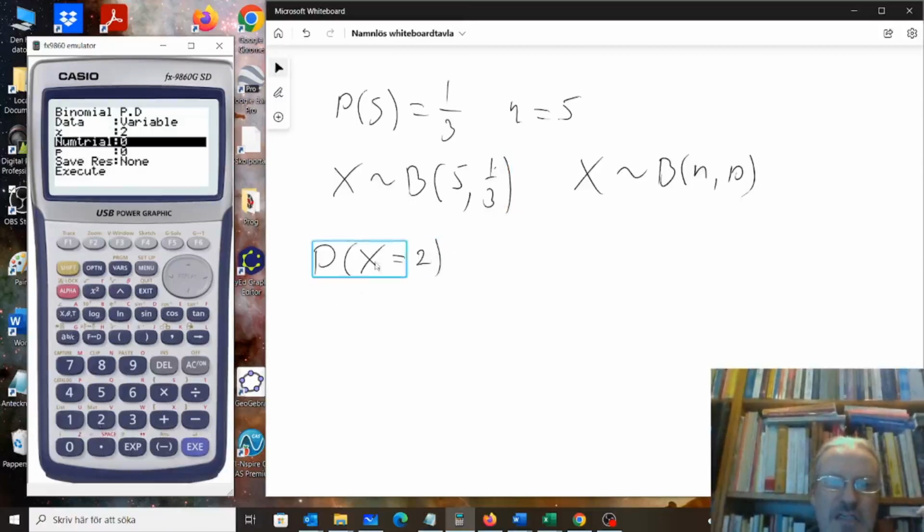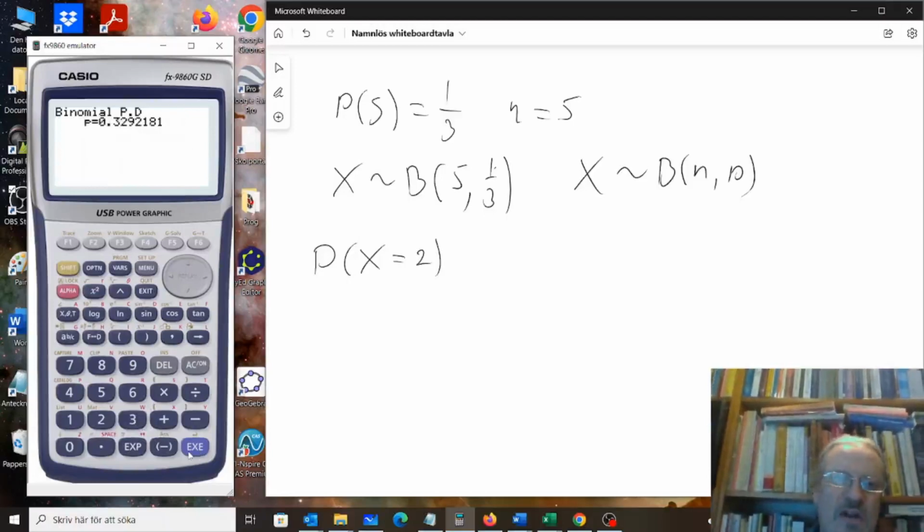Number of trials, that was the number here, right? 5. The probability, that is this here, right? So 1/3. Then I can press X again, and I get the same result as we got last time, 32.9%. Yay, it works.